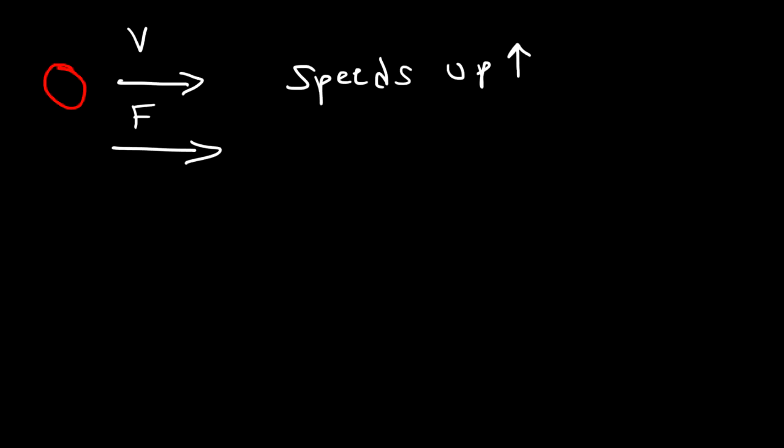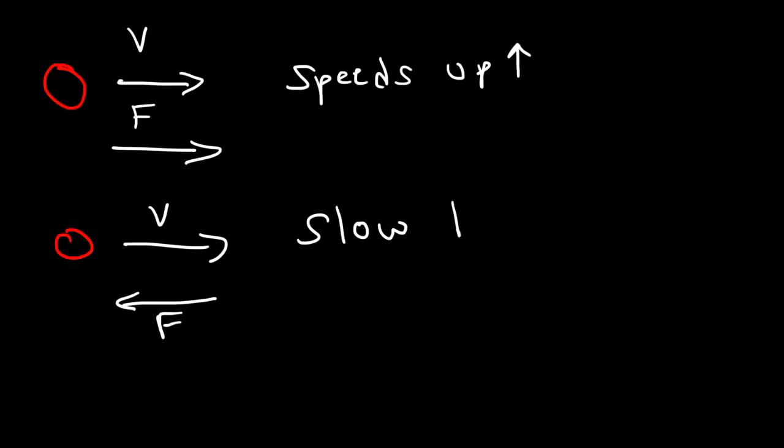So it's accelerating. Now, what's going to happen if the object is moving to the right and the force is directed towards the left? Whenever the force and velocity vectors are opposite in direction, the object will slow down. So in this case, it's decelerating.